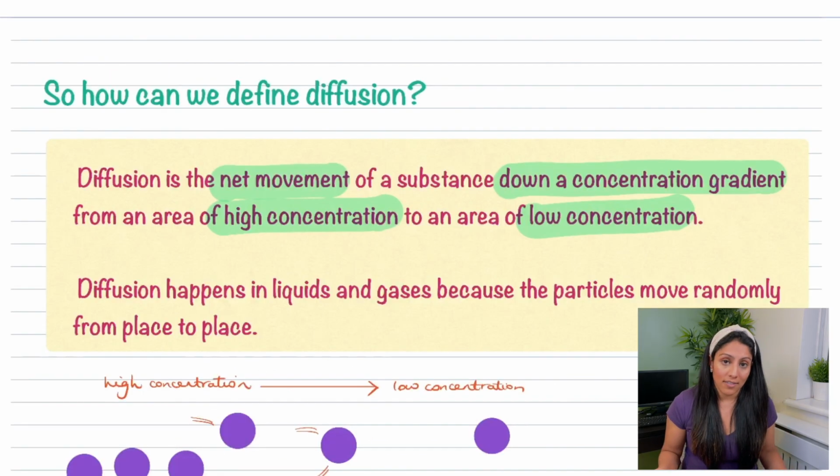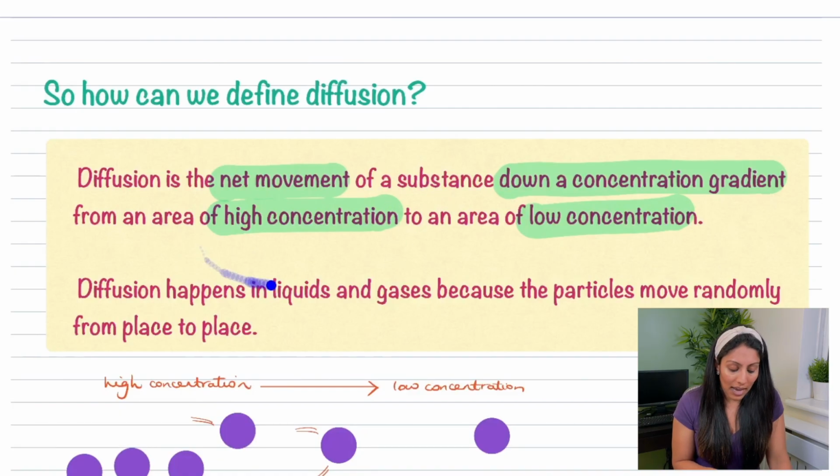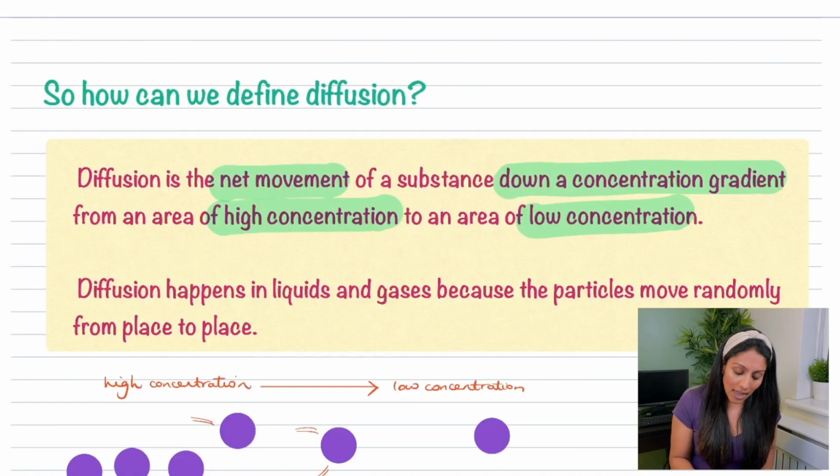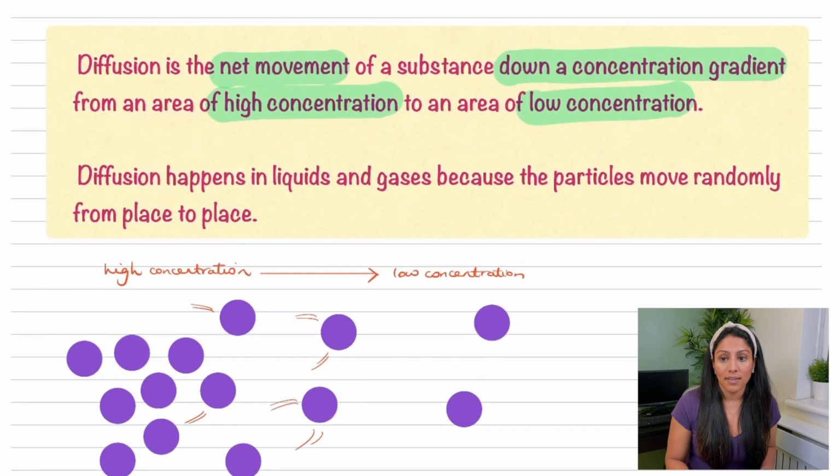That emphasizes the last point about going from an area where there is a high concentration to an area where there are few particles, which is a low concentration. Bear in mind, diffusion really only happens in liquids and gases because they are the particles that can move randomly from place to place.